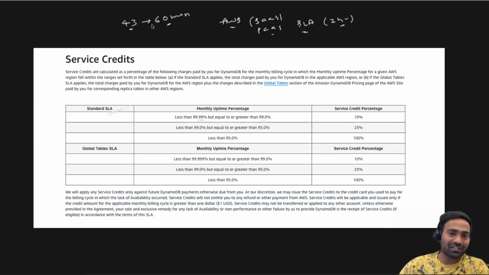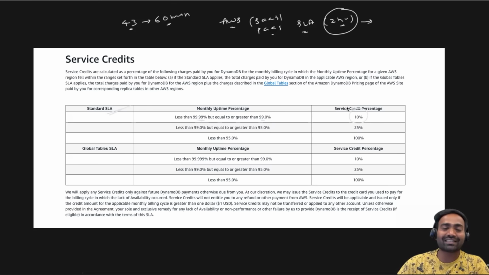Now, this is subject to my understanding because SLA is very, very critical. I want you to go through it again and understand what 99.99% to 99% comes to. And if at all AWS agrees that their 2 hours breach is impacting the service level agreement, which is yes, according to me, then they have to credit the service charges percentage of 10%.